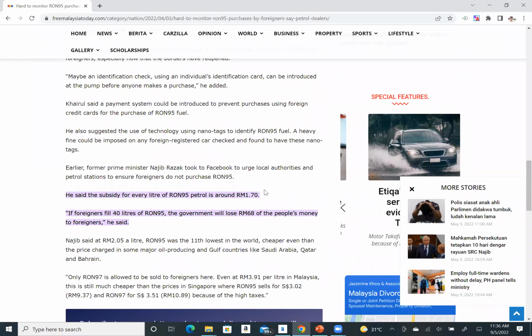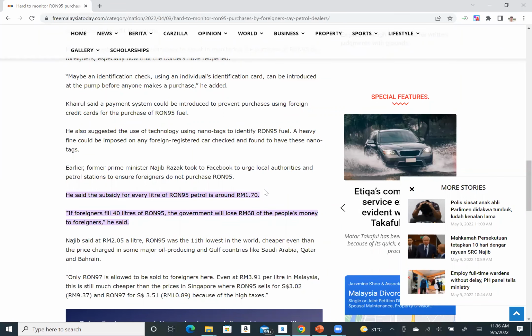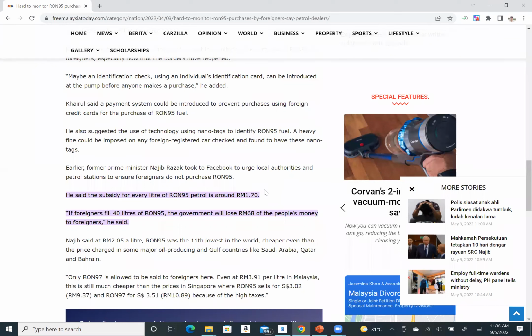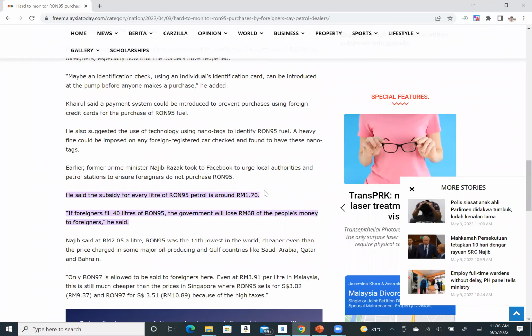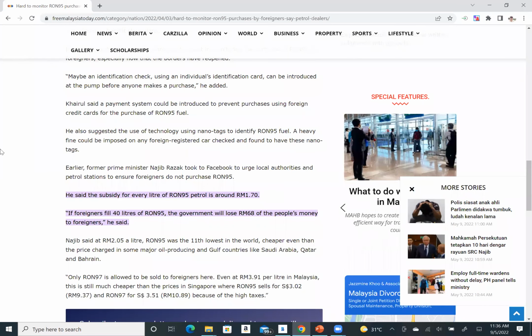385 per liter. Now imagine, during the recent Hari Raya holiday, there was an increase in traffic on the highways all over Malaysia.